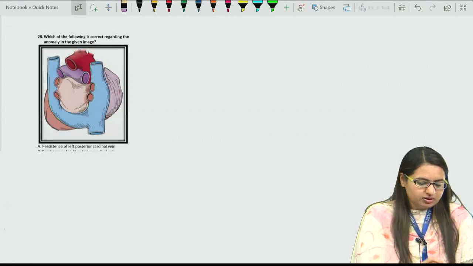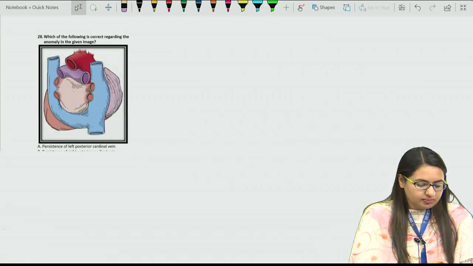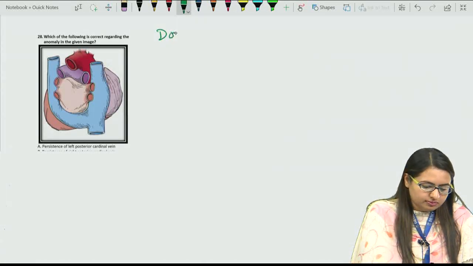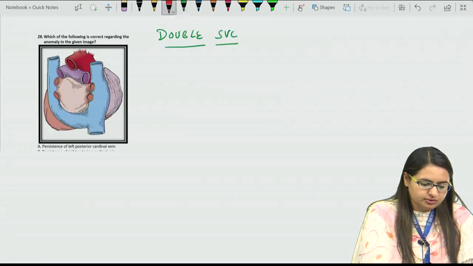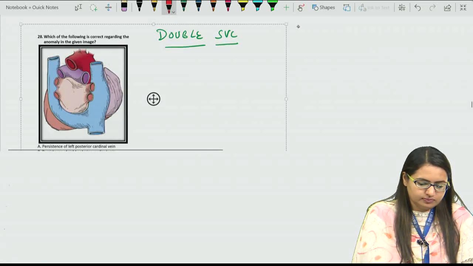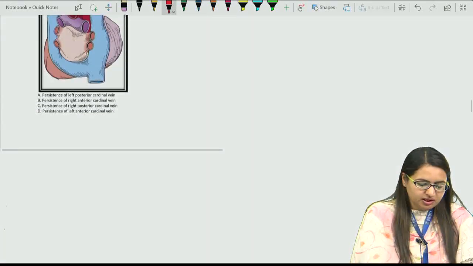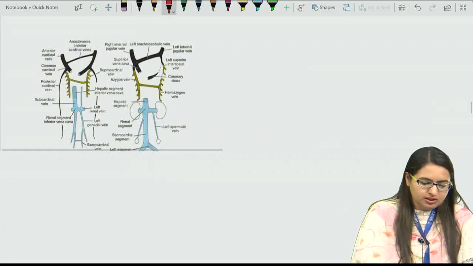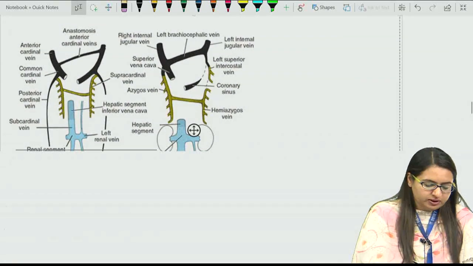In this picture, the anomaly shown is basically a double superior vena cava. The double superior vena cava is present over here. The superior vena cava develops from the cardinal veins, and this picture shows its development.